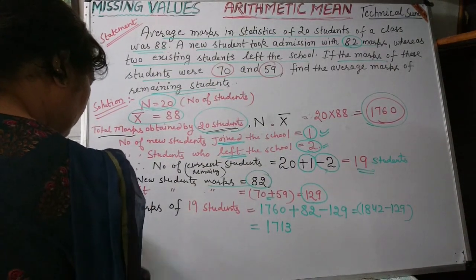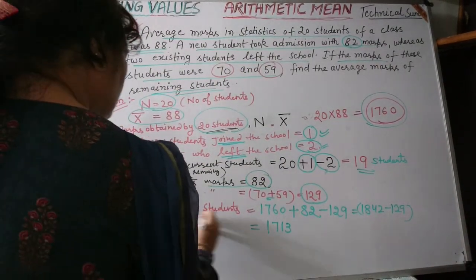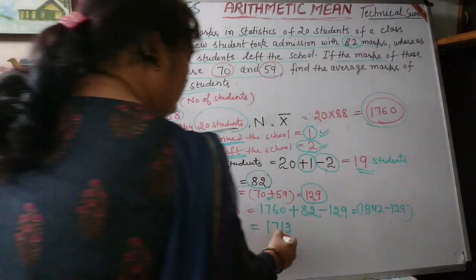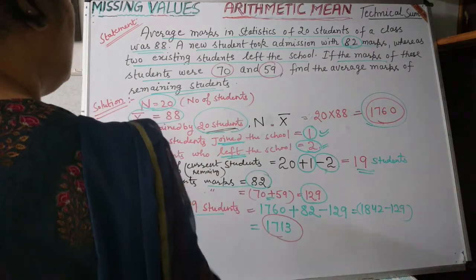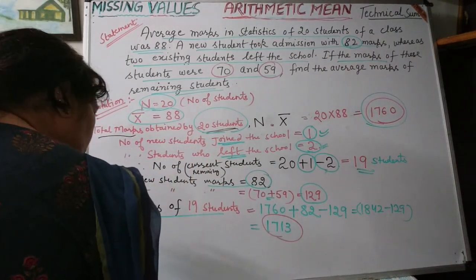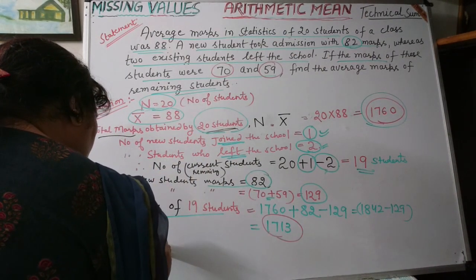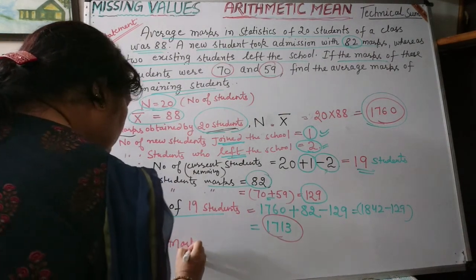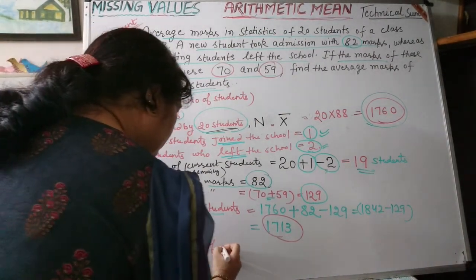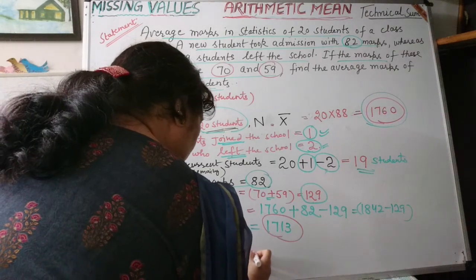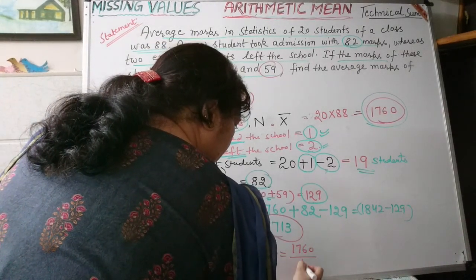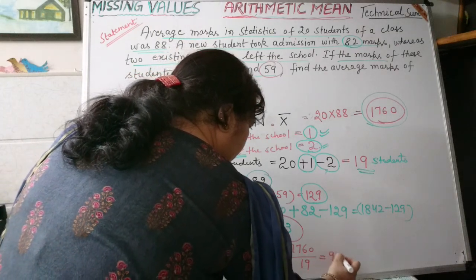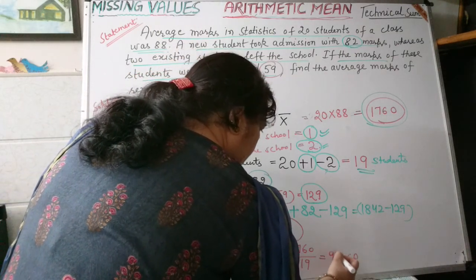And now these are the total marks of 19 students. We have derived 1713. Now we have to find out the average marks of the remaining students. So I am writing down, average marks of remaining students are 1760 divided by 19 is equal to 92.63.